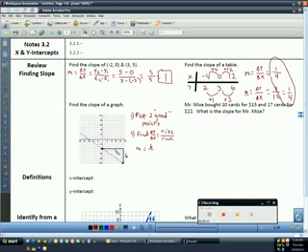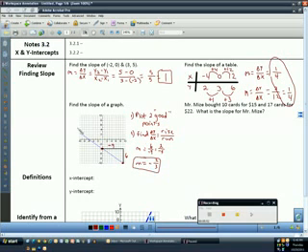The run is 1, 2, 3, 4, 5, 6, 7, 8, 9. But this is upwards and this is left, so this is going to be negative 9. So 6 over negative 9 is 2 over negative 3, or m equals negative 2/3. So your slope is negative 2/3.